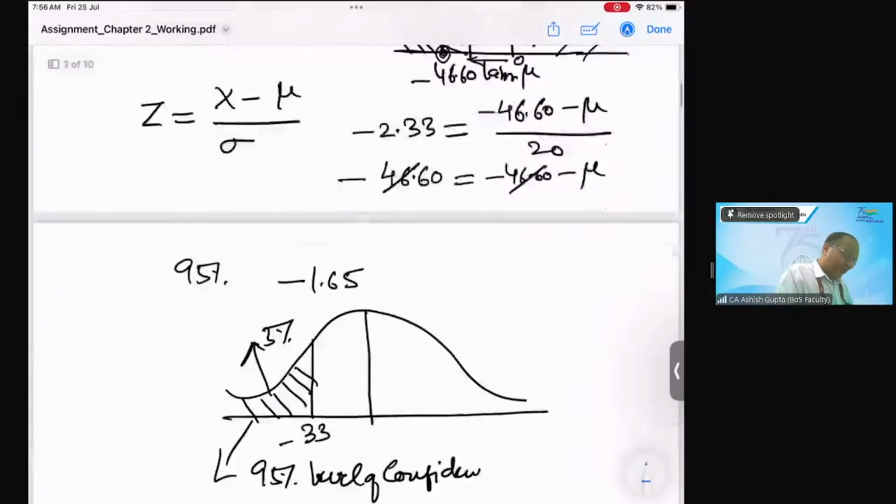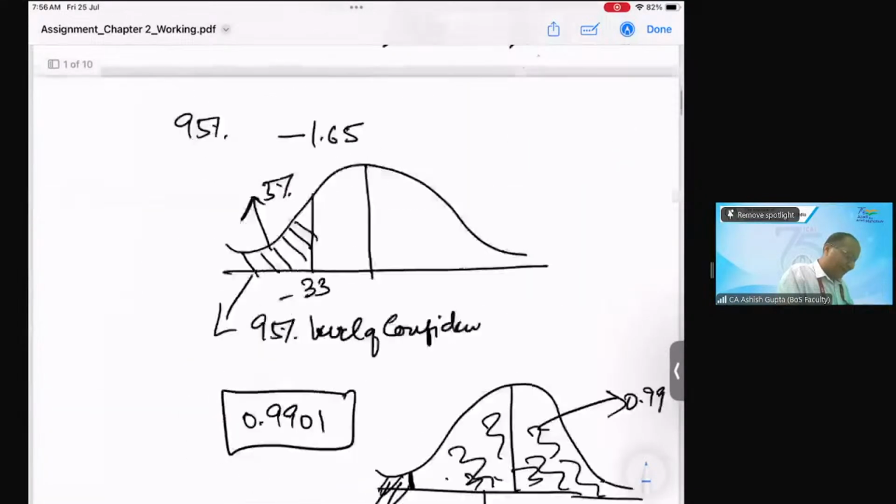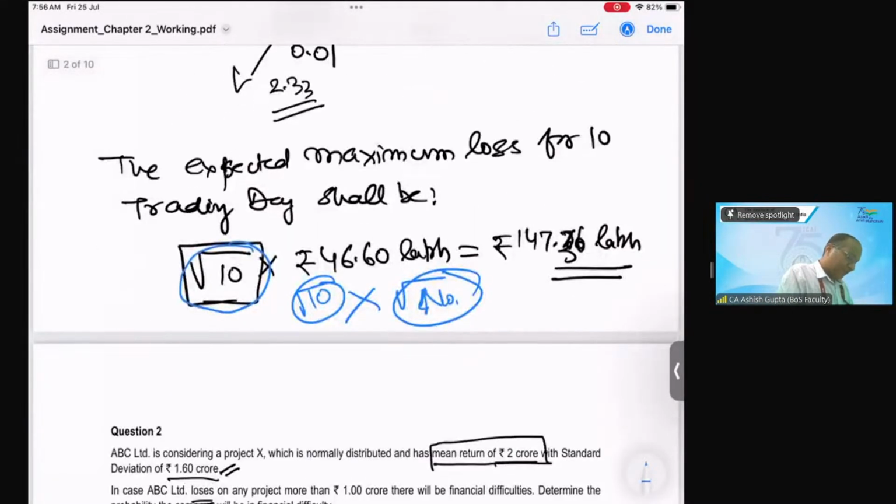Now if I calculate, 40 lakh multiplied by 10, so my per day 40 lakh into 10, okay, 460. Then I have to take the standard deviation of the same, 460 into square root and into 2.33.